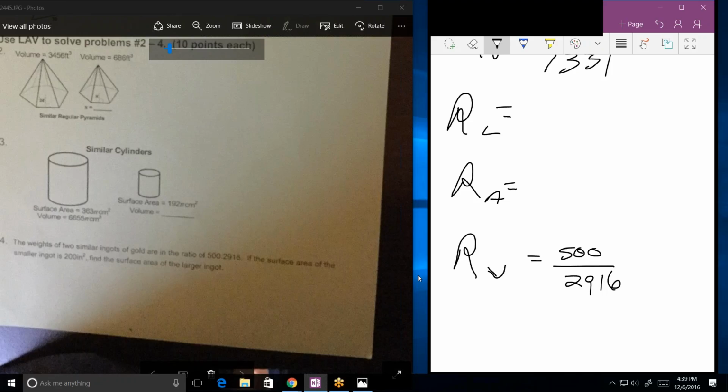What's the cube root of 500? The cube root of 500 is 7.937. What's the cube root of 2916?